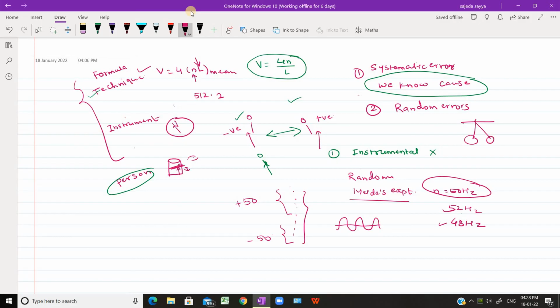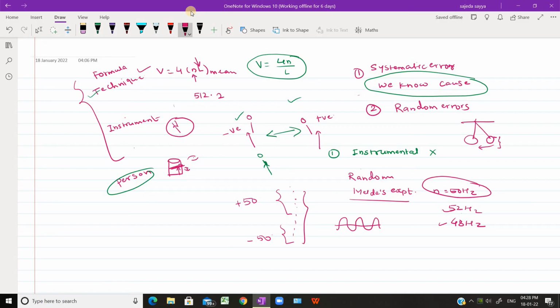The necessary and sufficient condition is that the instant the bob is released and starts oscillating, you immediately start the stopwatch. If the experimenter misses doing these two things simultaneously, then you will definitely find an error in the measurement of the time period.